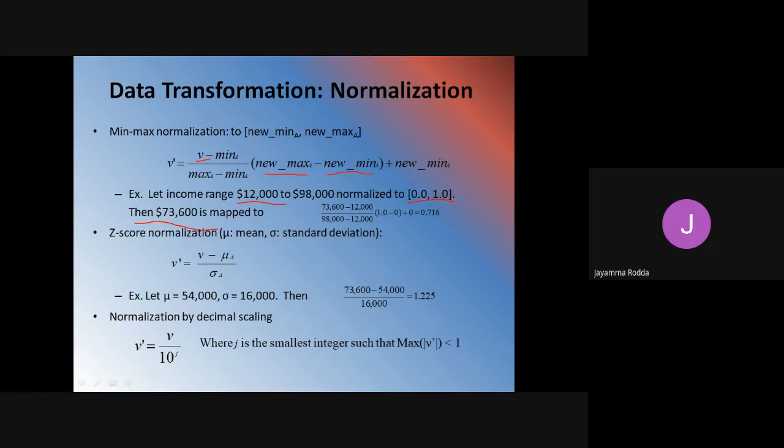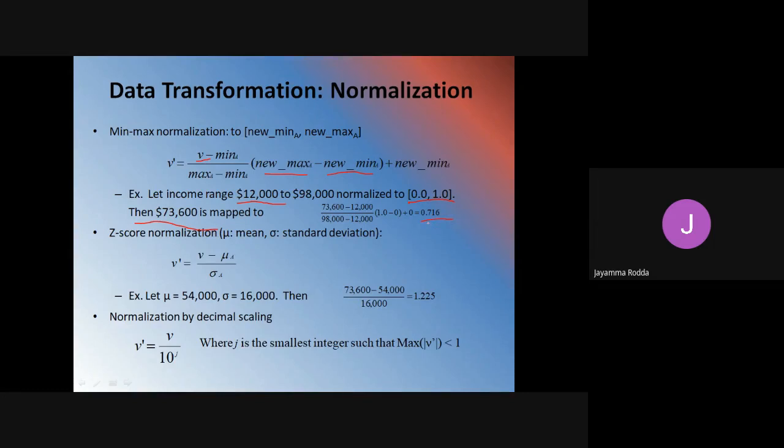Now 73,600 minus 12,000 divided by max value 98,000 minus minimum value 12,000. Then new max 1.0 minus new min 0.0, plus new minimum value. Since it is 0, it will always be 0.0 to 1.0 only. Then according to the calculation, we get the value 0.716.